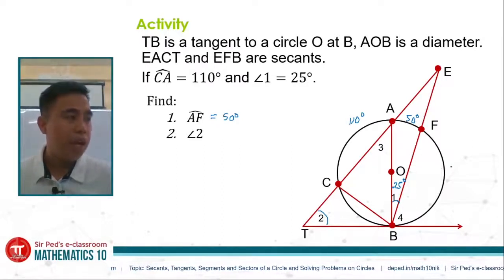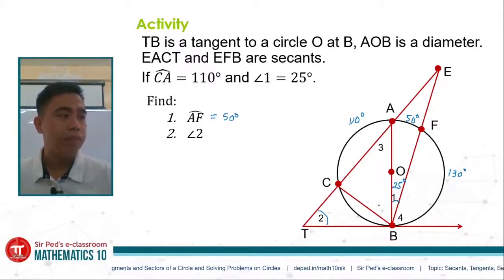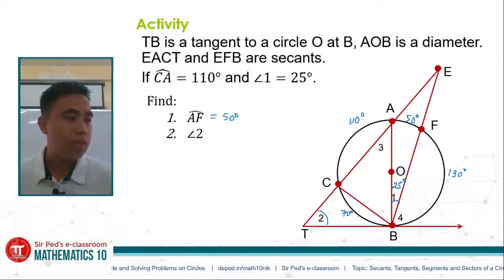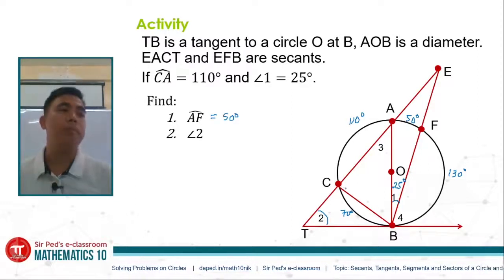So, if this is 50, therefore, this is equal to 130 degrees. Right? So, 50 plus 130, 180. And this one is equal to 70 degrees. Why? Because this is also a semicircle, so 70, since this is 110.